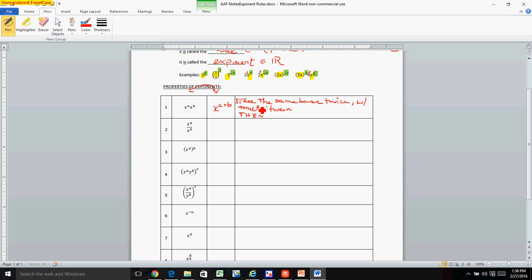If I see the same base twice with multiplication in between, then I can write the base once and add the exponents. Multiplication in between, we've added the exponents. But again, that's of the same base.